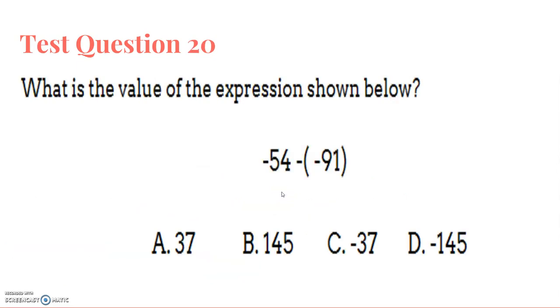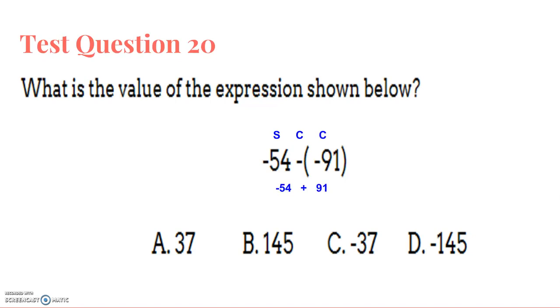Alrighty, test question number 20. What is the value of the expression shown below? Here again, we're going to use save, change, change, and subtract. Remember, subtracting integers is adding the opposite. So save, change, change. We're going to save -54.